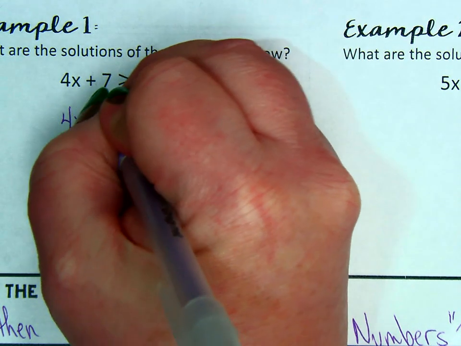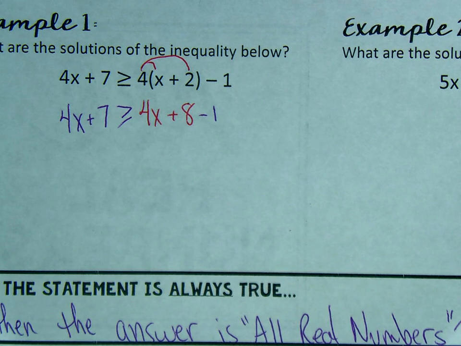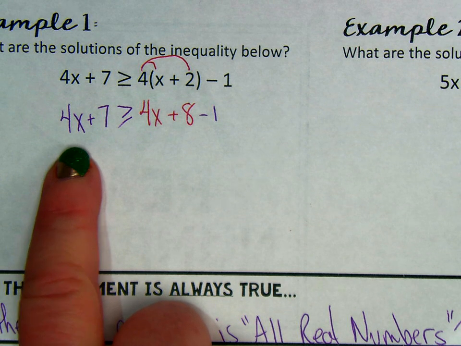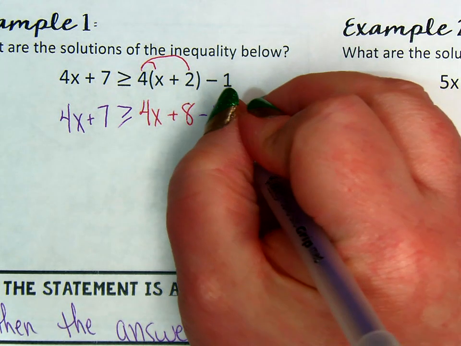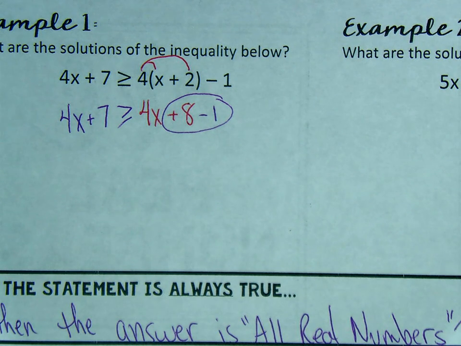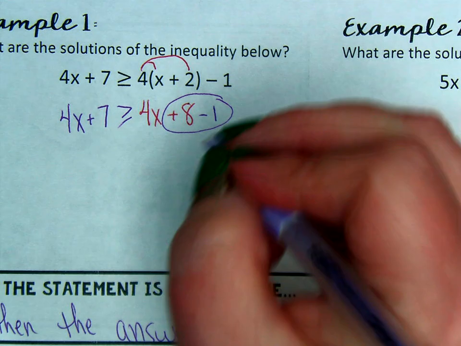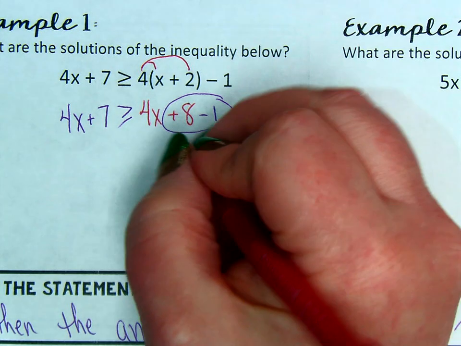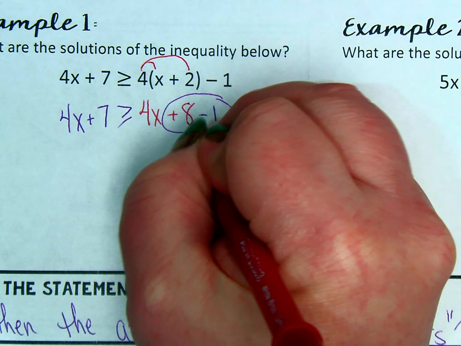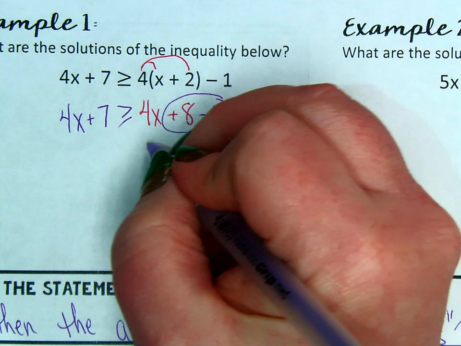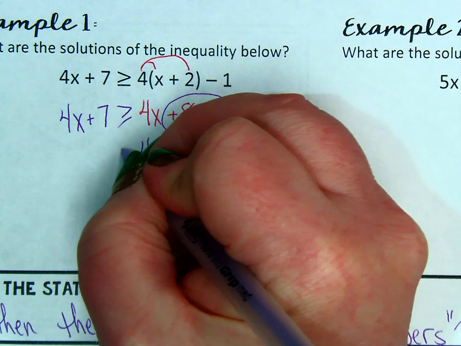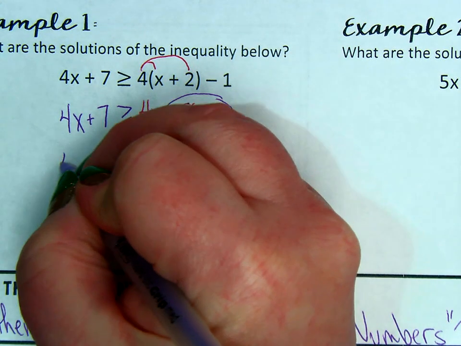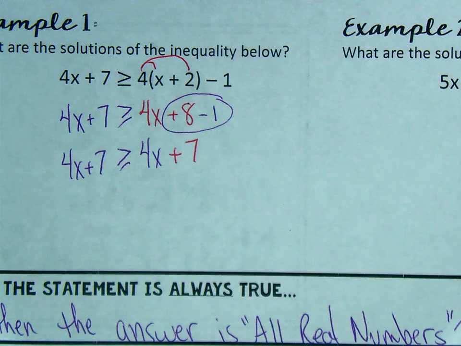Now, when we did equations, some people started moving things before they finished the rest of the steps. What we want to do at this point is combine like terms. There are no like terms on the left, but on the right-hand side, I have plus 8 and minus 1. Well, 8 minus 1 gives me 7. So I'm going to put plus 7.